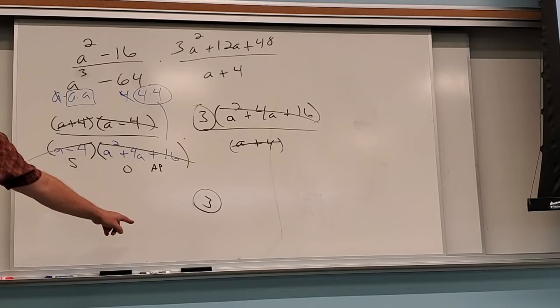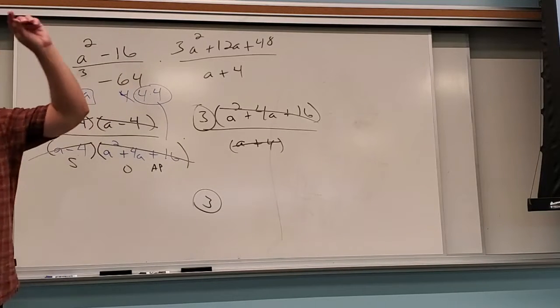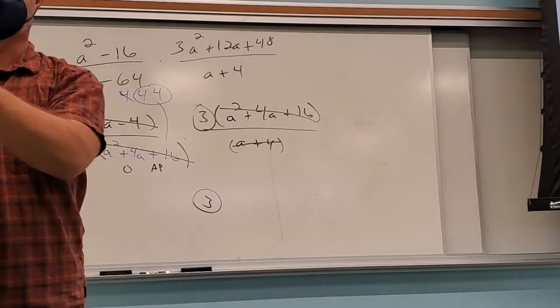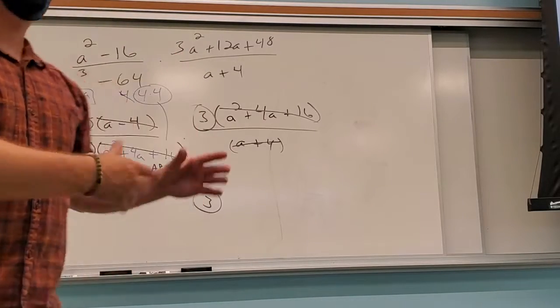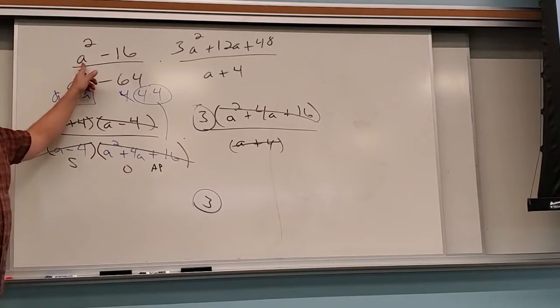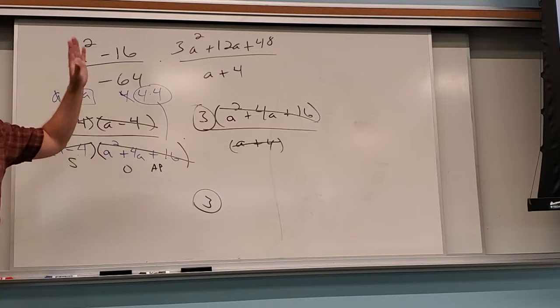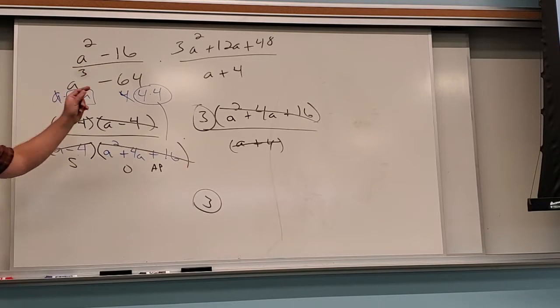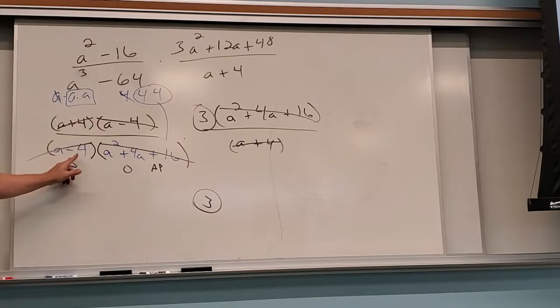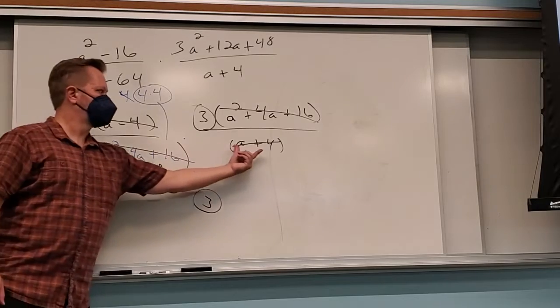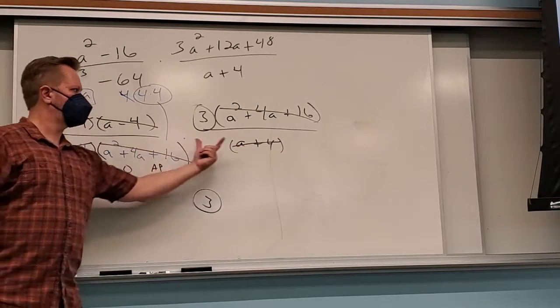It doesn't have to be 3, be careful. This is what this reduces to, but it has nothing to do with what A is. What can I make this variable? Any number, almost any number. Any number except 0? No, 4. What makes the bottom 0? Positive 4 and negative 4.